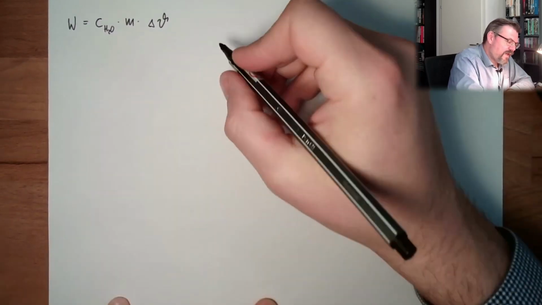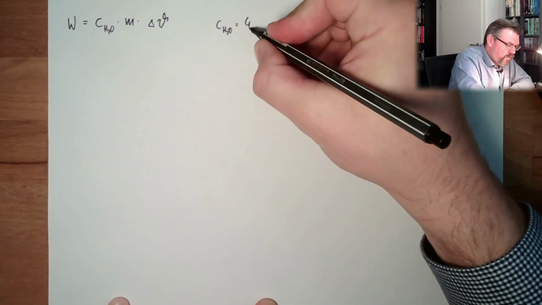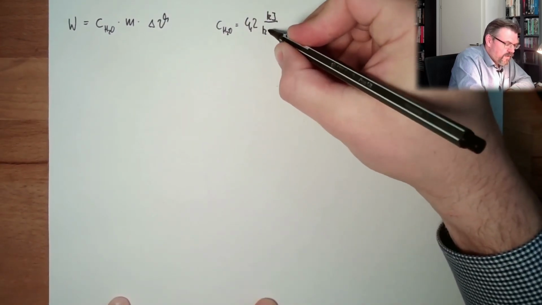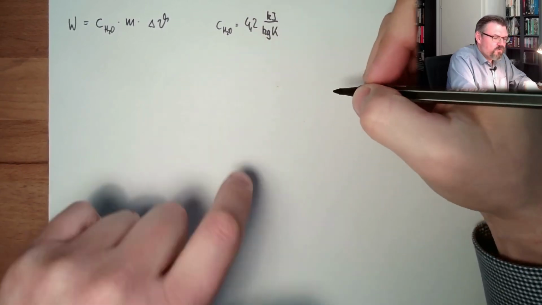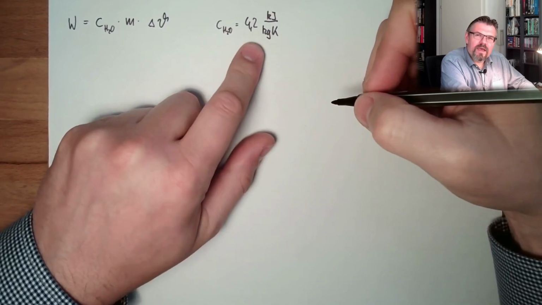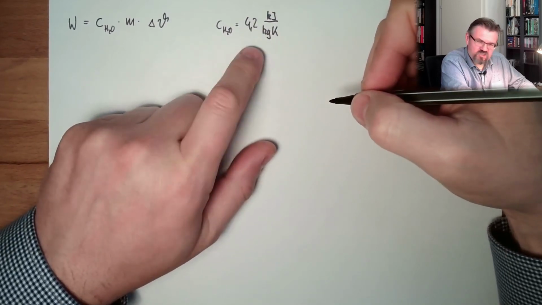Okay? And this c of water, this warmth capacity, is 4.2 kilojoule per kilogram and Kelvin. So to heat 1 kilo of water by 1 Kelvin or 1 degree Celsius, you need 4.2 kilojoule. That's it.